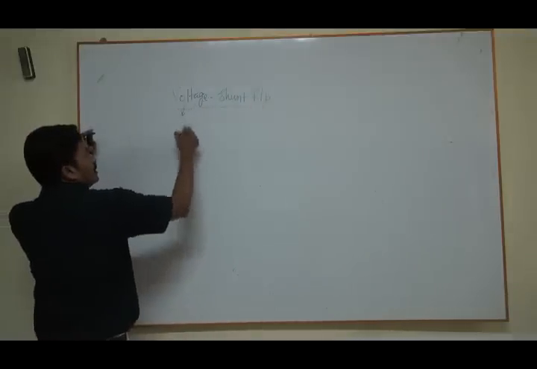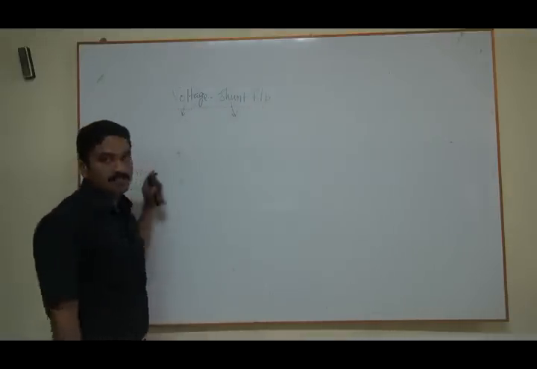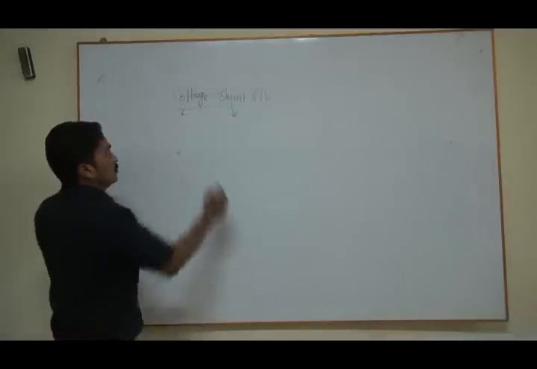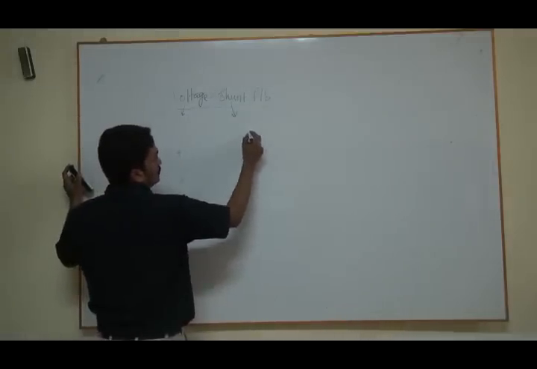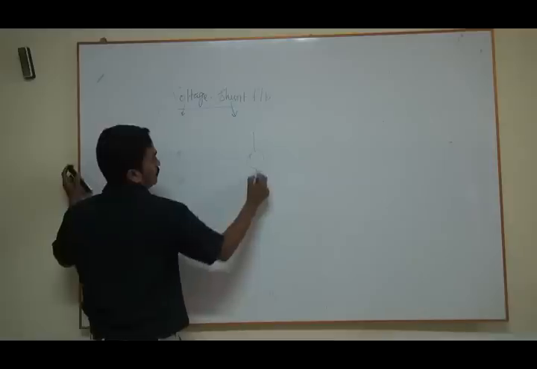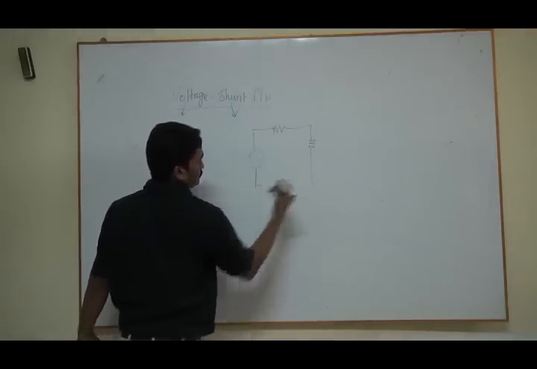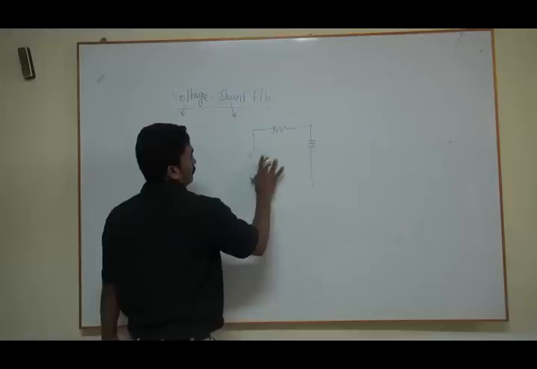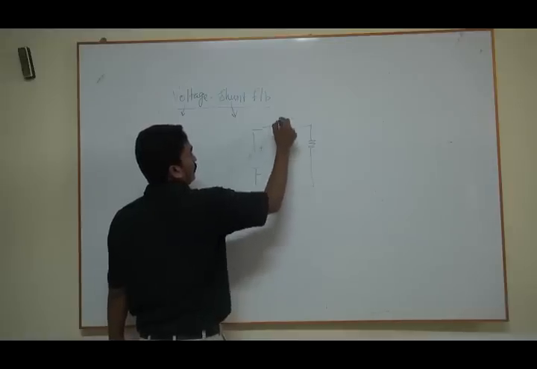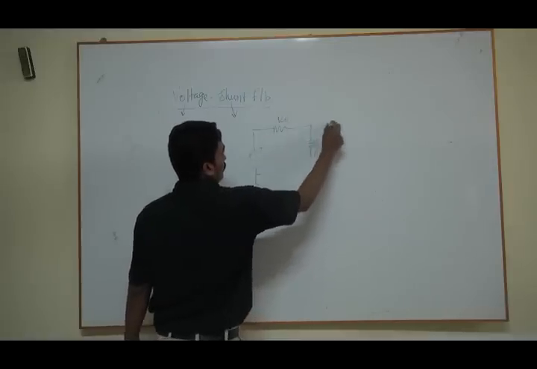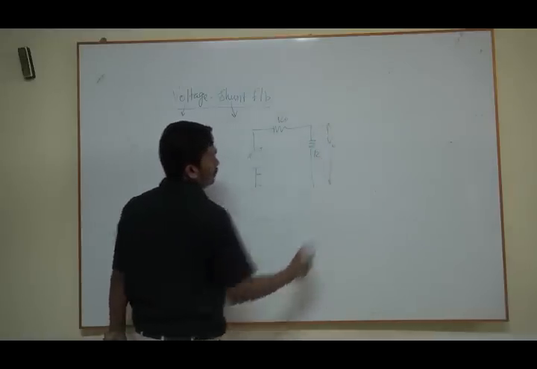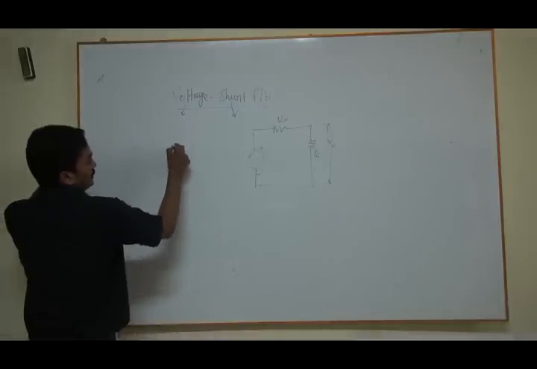Next, voltage shunt feedback amplifier. Output side is voltage, input side is shunt. So output side voltage circuit, and input side current circuit.